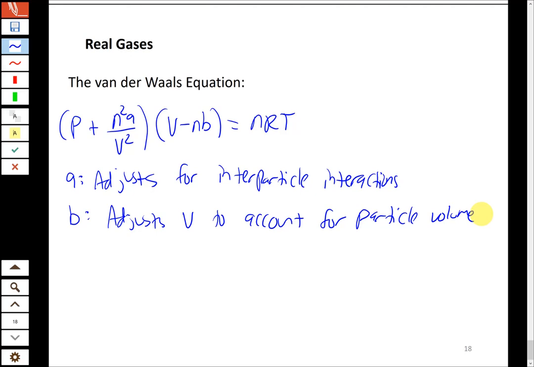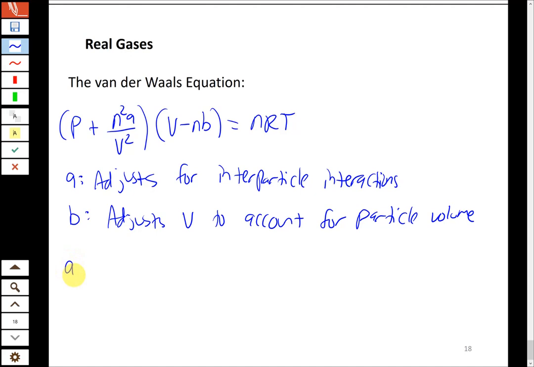Some of the volume in that container is going to be occupied by the gas molecules themselves. The ideal gas law assumes that the entire container is empty volume, but some of that volume will be occupied by the gas molecules themselves, and this term accounts for that. It basically reduces the volume by a factor to account for the fact that some of the volume is taken up by the gas molecules, not just empty space.